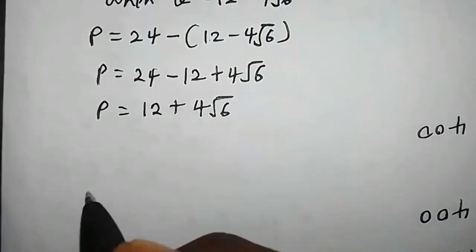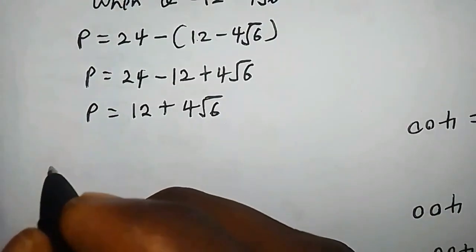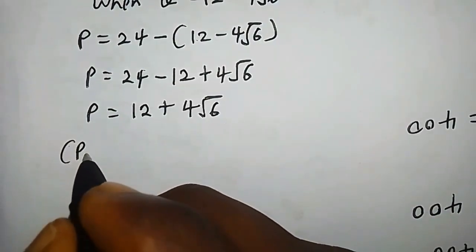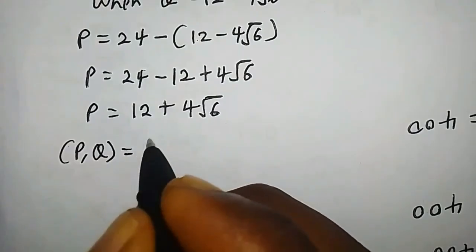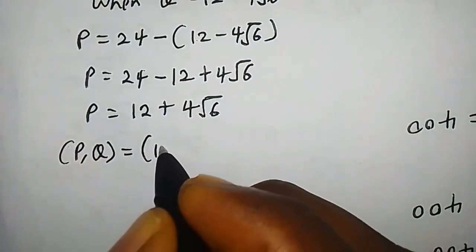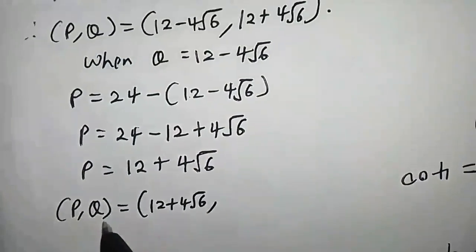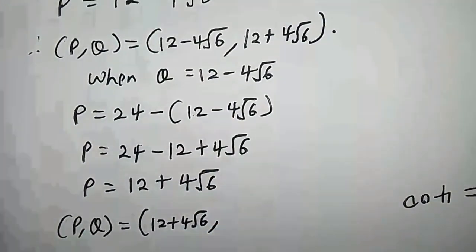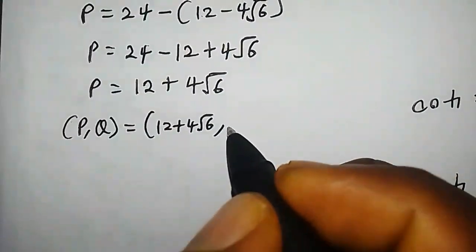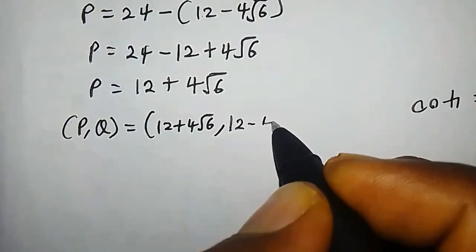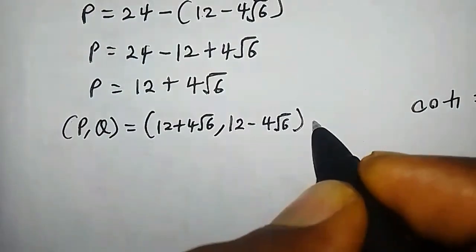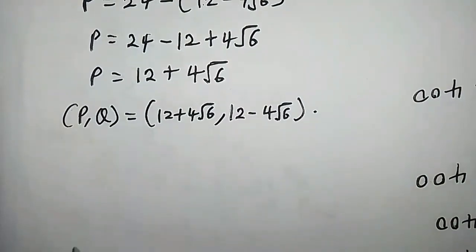So as a result of this, the second solution, P comma Q is equal to P is 12 plus 4 root 6, comma, Q is 12 minus 4 root 6. This is the second solution.